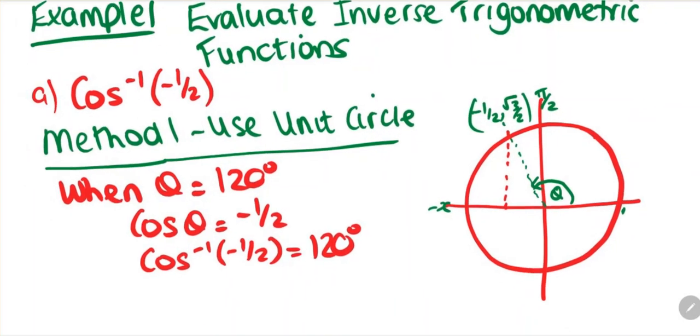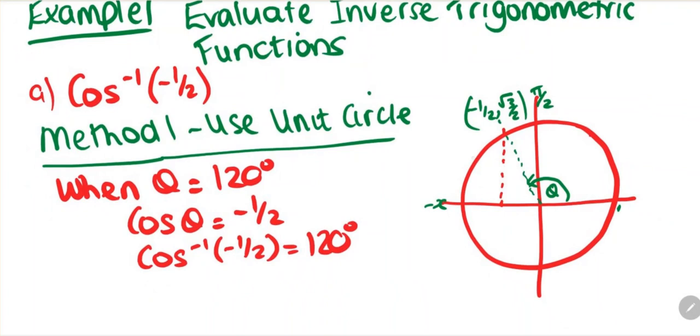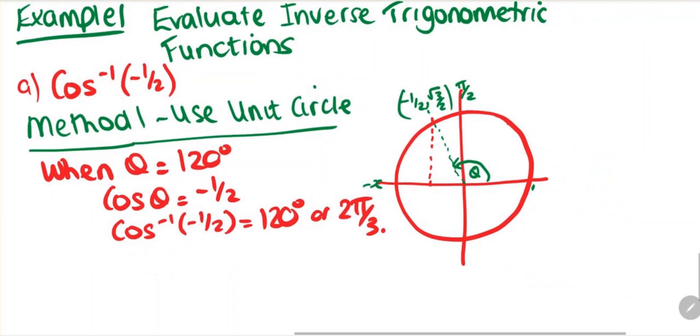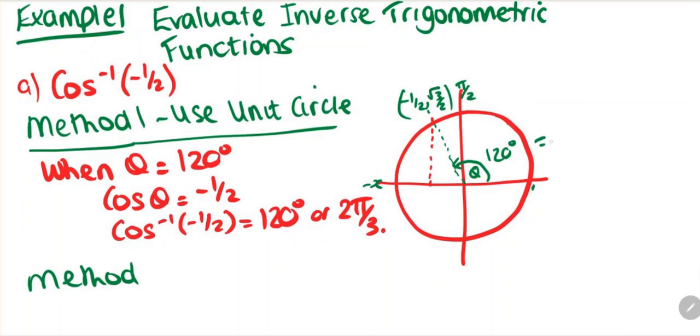And if we were to put this into radians, this is going to be pi minus, so it'll be 2 pi over 3. So I should put there, that's 120, which is 2/3 pi.